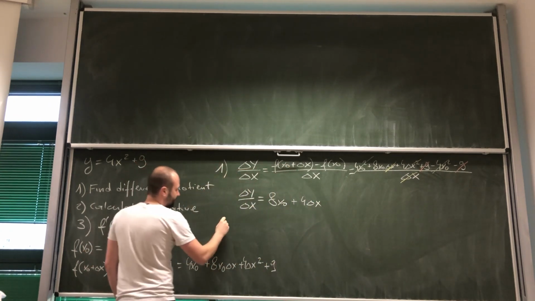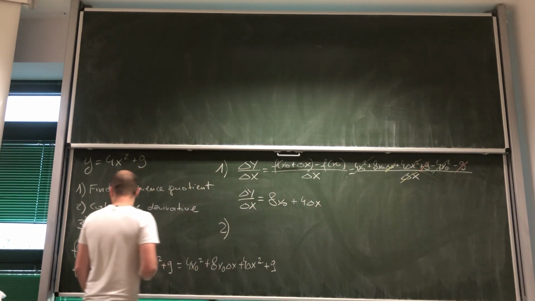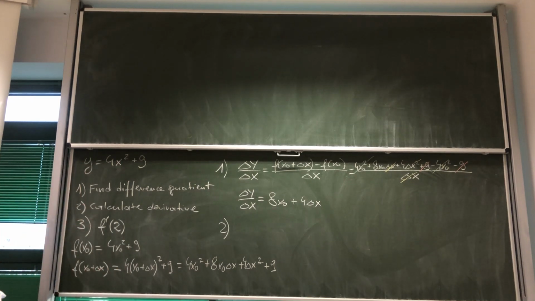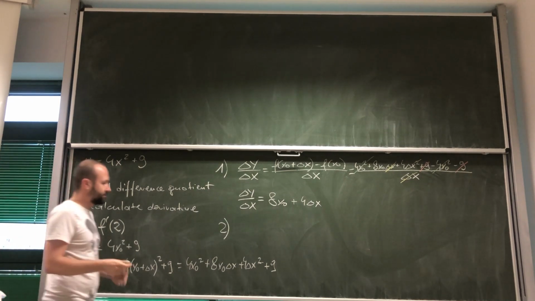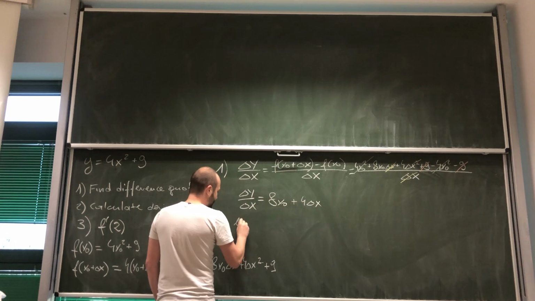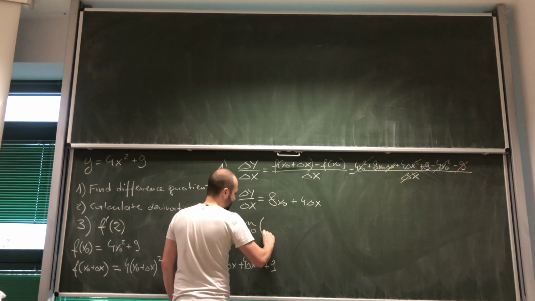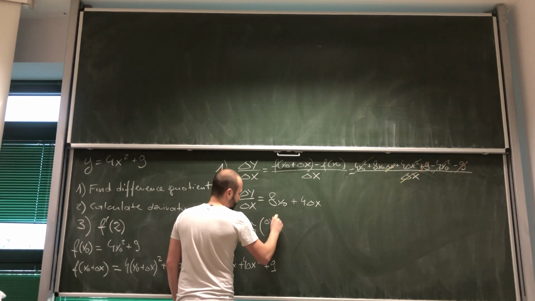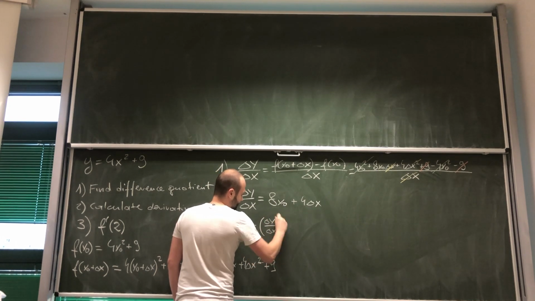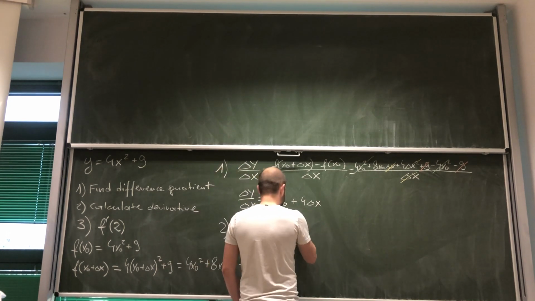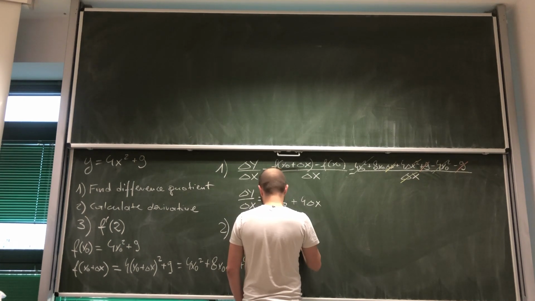So now let's get to point number 2. We need to calculate the derivative. If we want to calculate derivative, we need to find the limit as delta x approaches 0 of delta y over delta x. So we calculate the limit of the expression above.